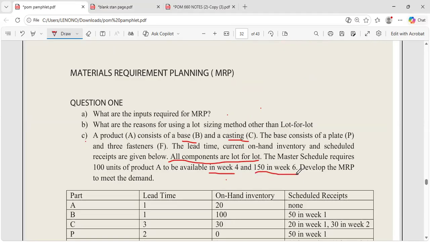So we are going to put 100 units in week 4 and 150 in week 6.